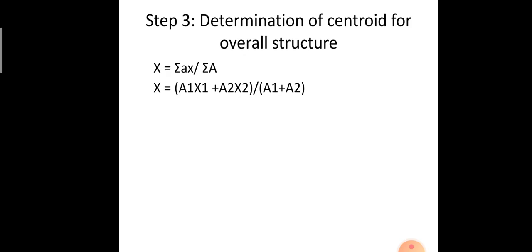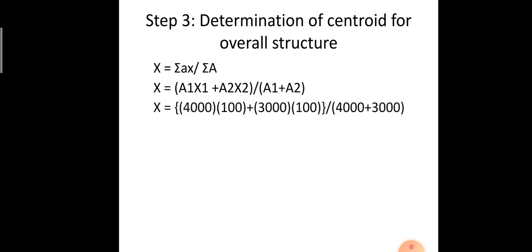We have two geometrical structures, bifurcated as two rectangles whose areas are A1 and A2, so sigma A is equal to A1 plus A2. After substituting the respective values, we will get the x value as 100 itself.